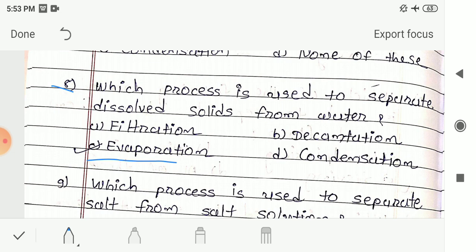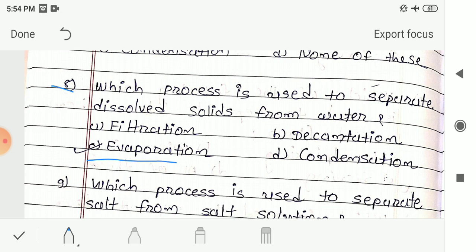So the answer is already given to you, that is evaporation. In that we are converting water into its vapor, or we are boiling the water, so it gets converted into water vapor, and at the end in the container or vessel we are left with the dissolved solid substance, so we can get sugar and salt.